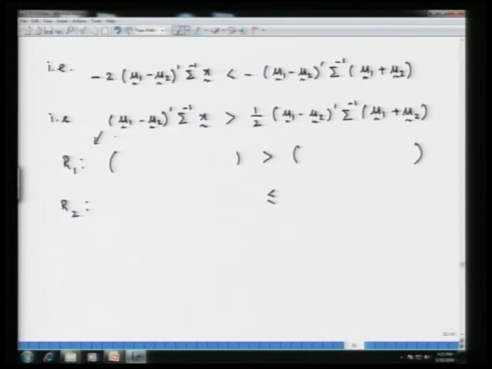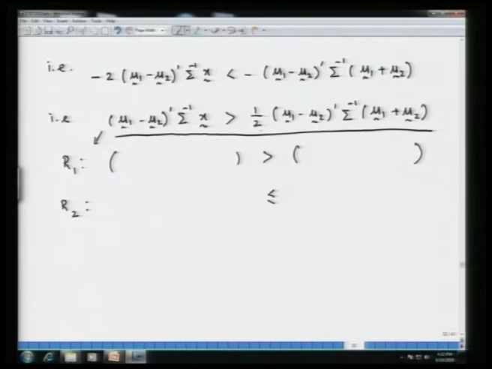Now, if x is such that this quantity is greater than this term out here, then x is classified into the pi 1 population, and if it is the other way around, then x is classified into the second population, that is pi 2 population.